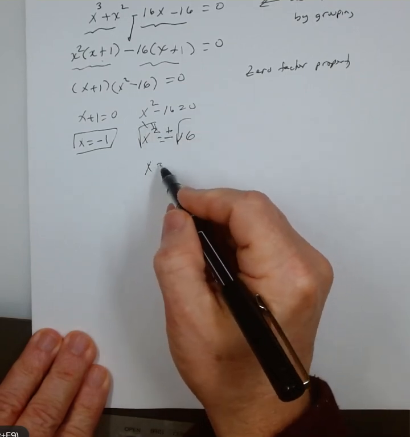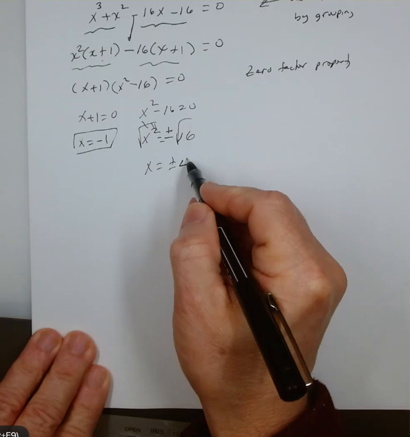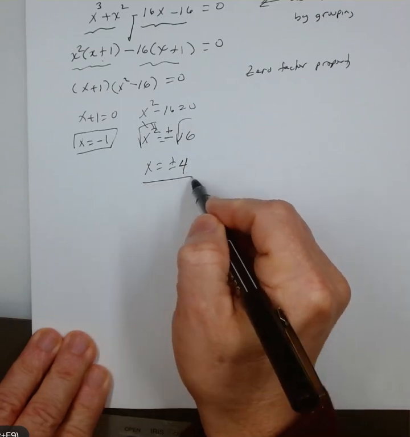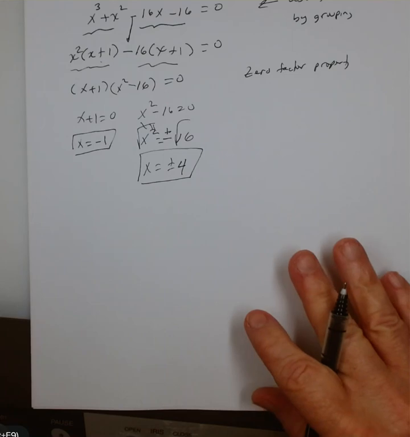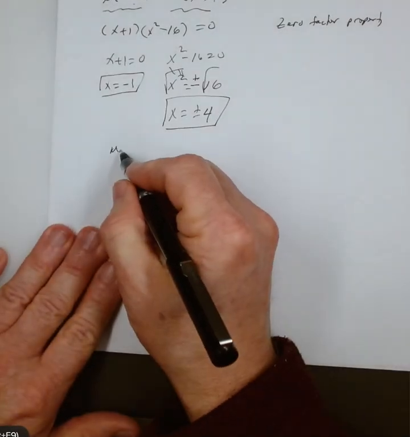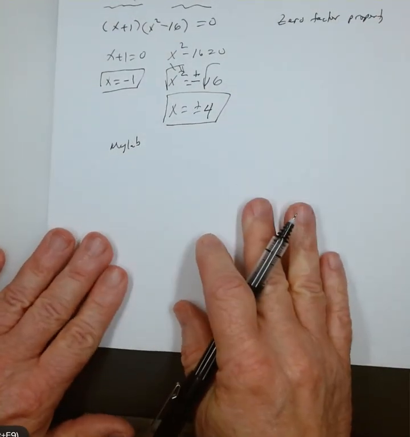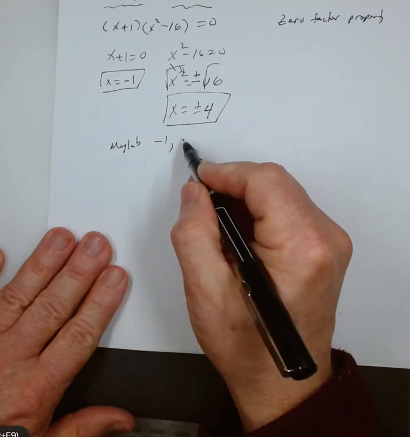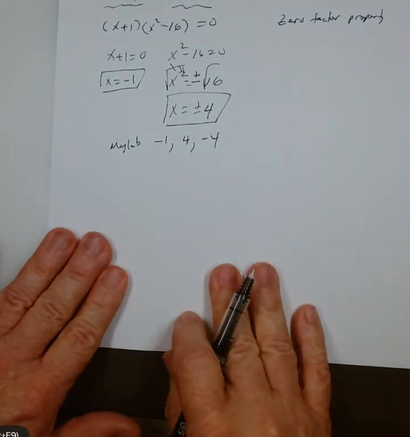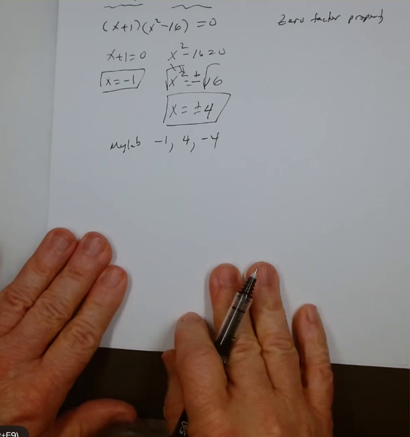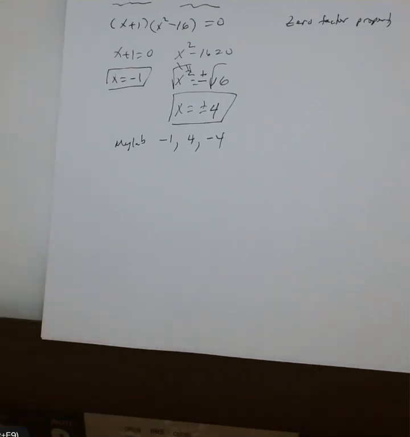So you get x equals plus or minus 4. How many solutions are there altogether? 3. Now in my lab, they're probably going to tell you to separate them, so you're going to say negative 1, comma, 4, comma, negative 4. So that's how you solve that equation.